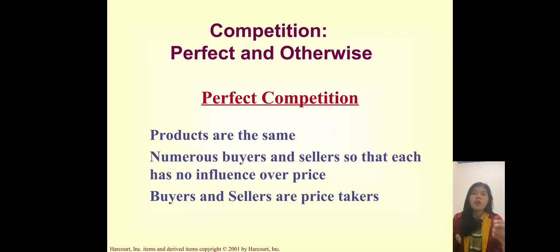Competition, perfect and otherwise. Perfect competition: products are the same, with numerous buyers and sellers, so that each has no influence over price. Buyers and sellers are price takers.